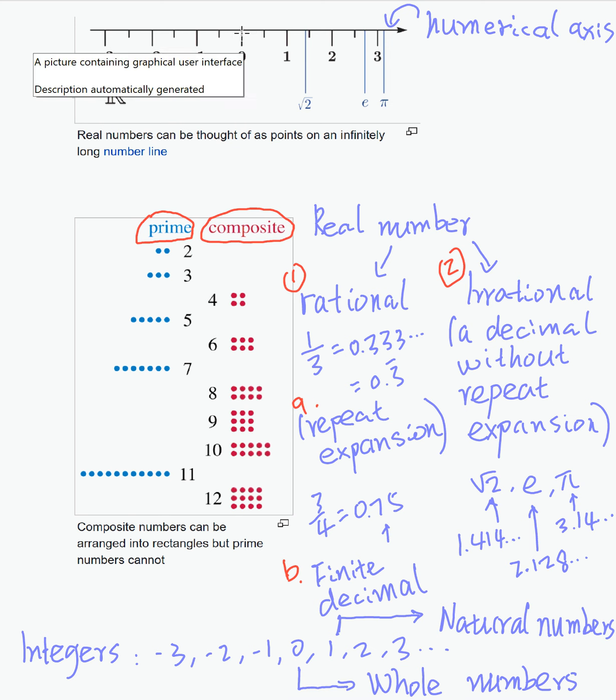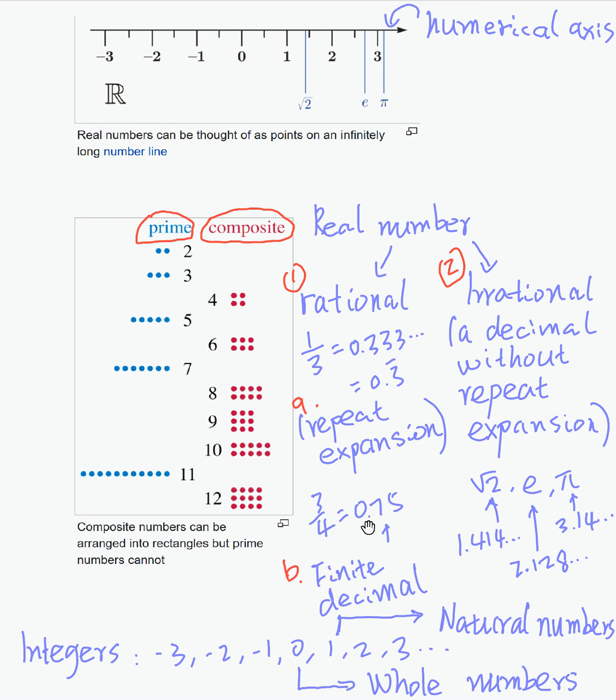So 1/3 is less than 1/2. Very easy to see after we introduced the numerical axis. That's one kind of rational number. This is a repeating expansion. You can see 3 is repeated.